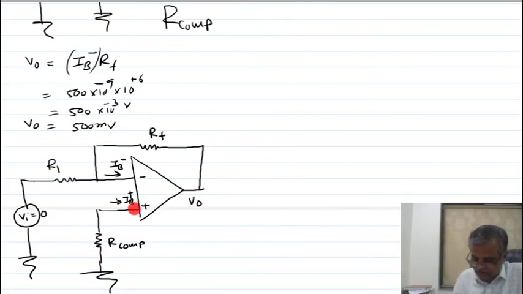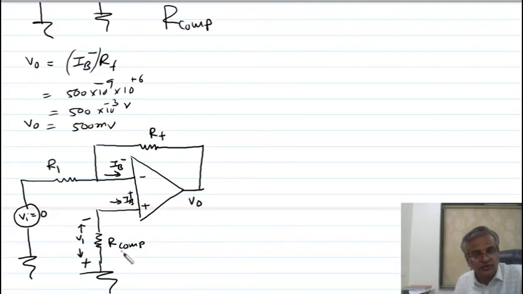Due to this current, this terminal is plus, this terminal is minus, as a result voltage V1 is developed here. Due to this current going like this, this terminal is plus with respect to this, so voltage is developed.